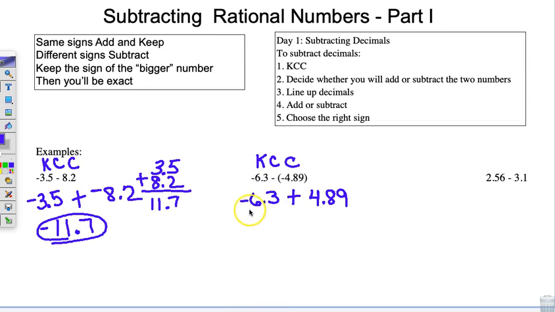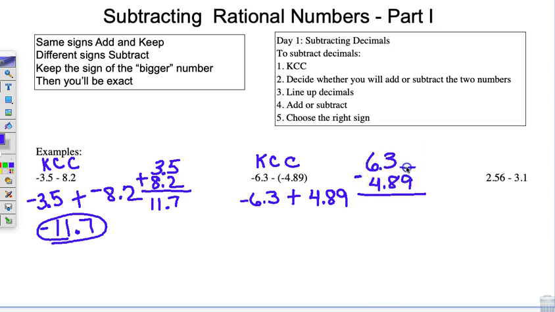The absolute value of a negative 6.3 is a positive 6.3, and the reason why I need to know that is because I want the larger number to go on top. I want the smaller number to go on the bottom, but I still want all of my decimals completely aligned.